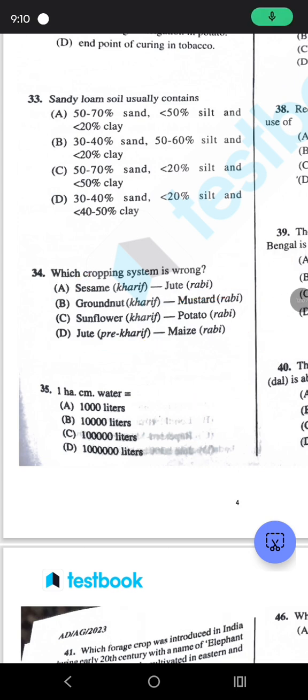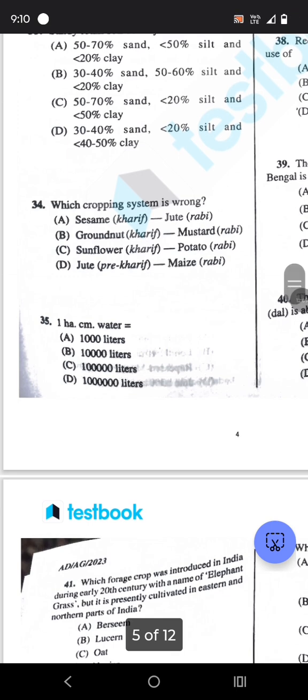Question number 35. 1 hectare centimeter water.